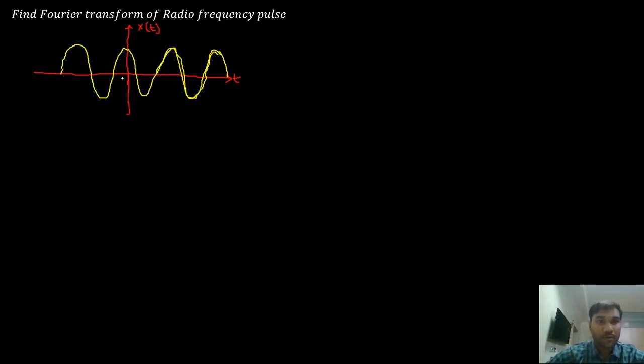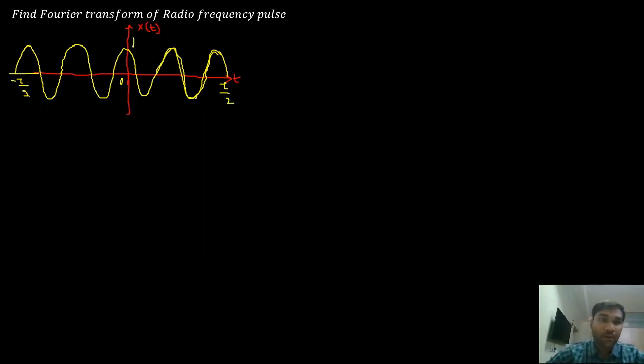So this is my origin. This is my negative tau by 2, and this is my positive tau by 2.